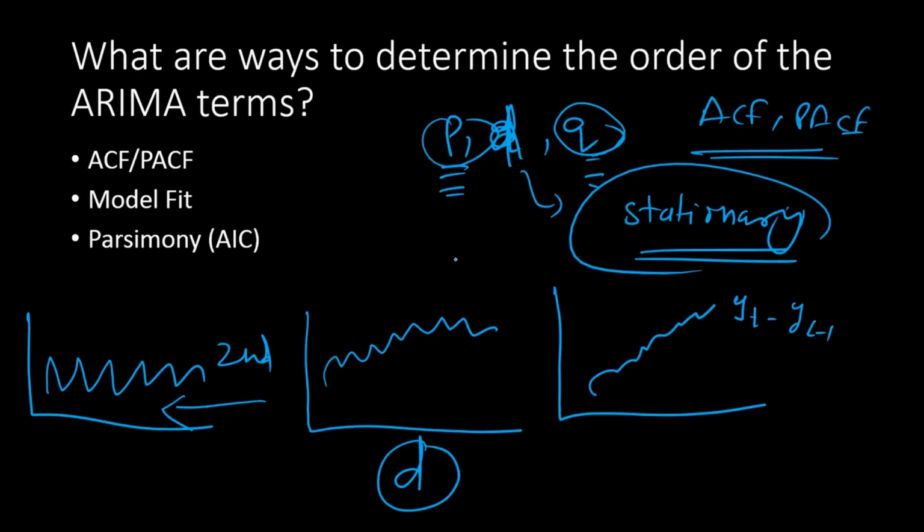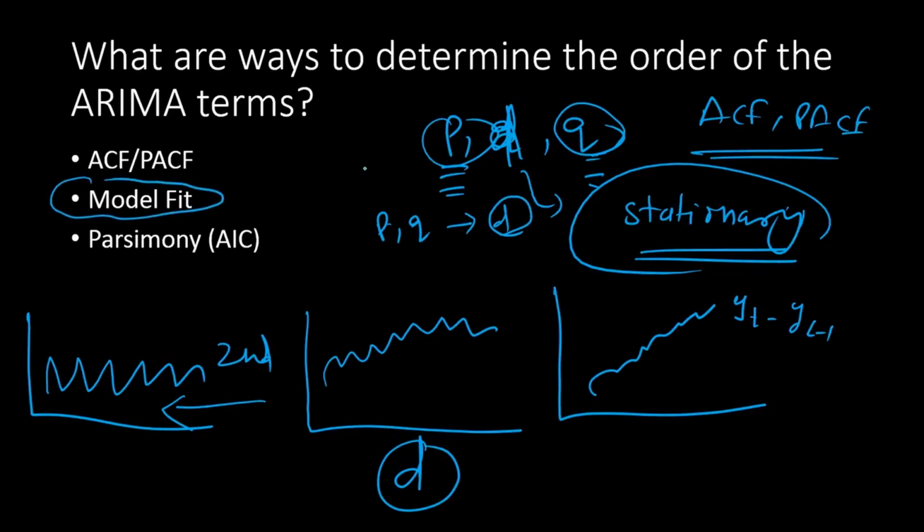You are not combining them together and finding the optimal P, Q and D. That means P and Q are not determined based on how much differencing is being done, and that's a problem. Finding the correct order jointly is important, and that can be found only by looking at the model fitness.